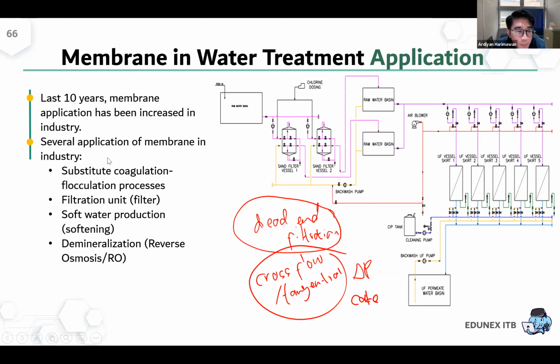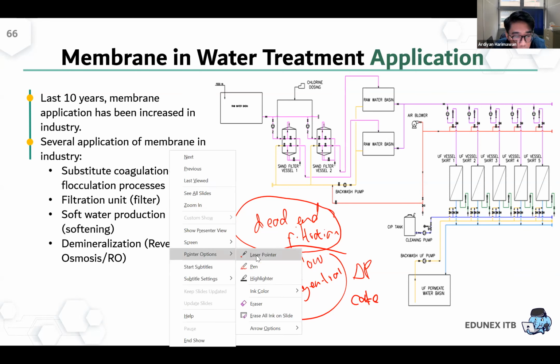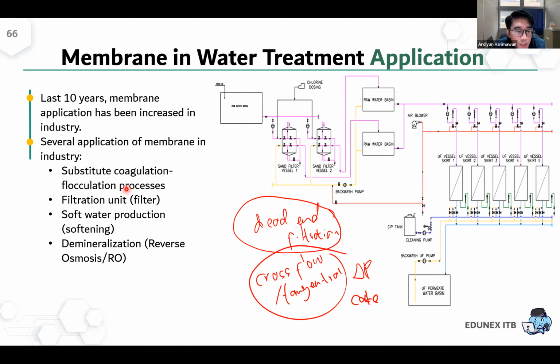So you can use it as a substitution for coagulation and flocculation. Of course, it's filtration, and you can use it because the stuff inside the water that you may want to separate is suspended solid in water that can create hardness.